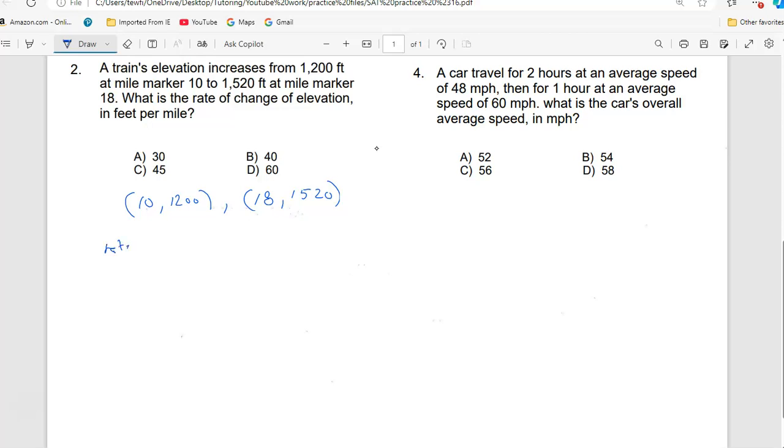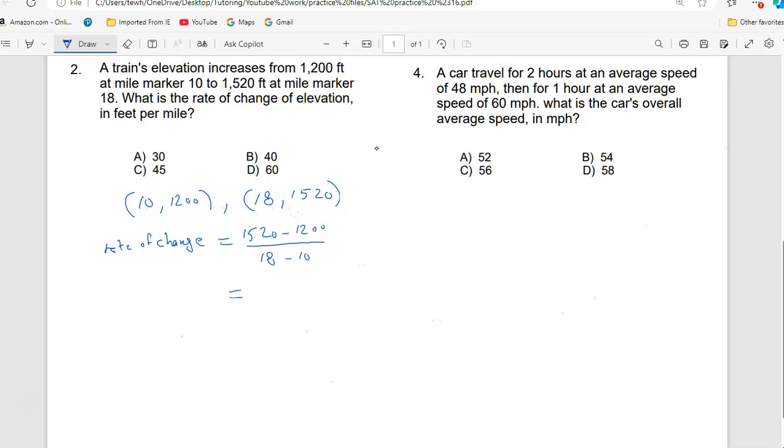From here we can find the rate of change. Rate of change equals the difference of elevation over the difference of miles, which is the difference of y over the difference of x. So we have 1520 minus 1200 over 18 minus 10.